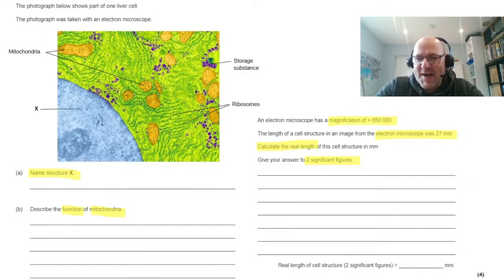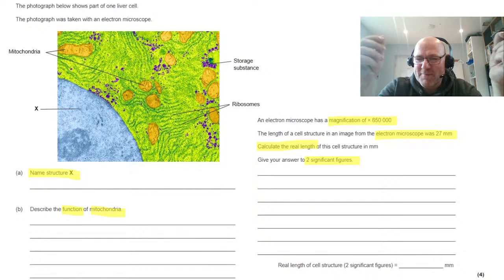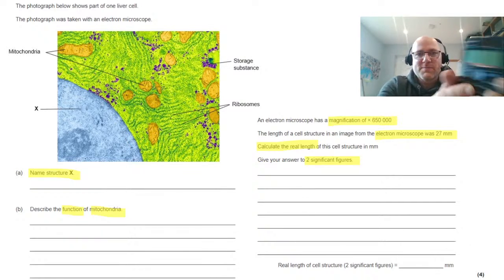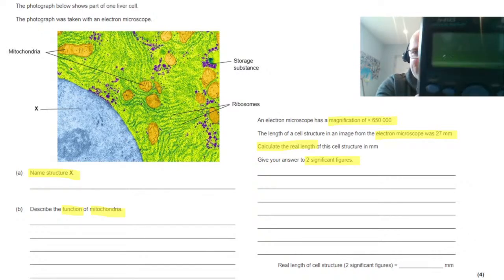What about this maths? The image length is 27 millimeters. The magnification is 650,000. What would be the actual size? So you bust out your calculator here, which I shall show you now. So you get your calculator out.